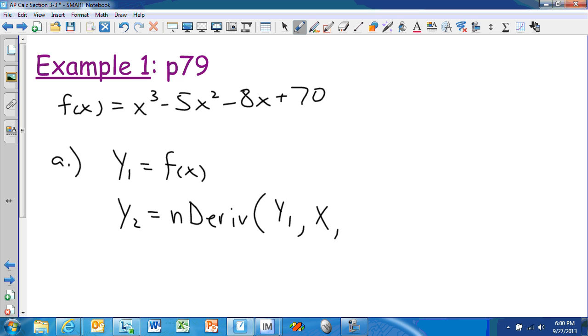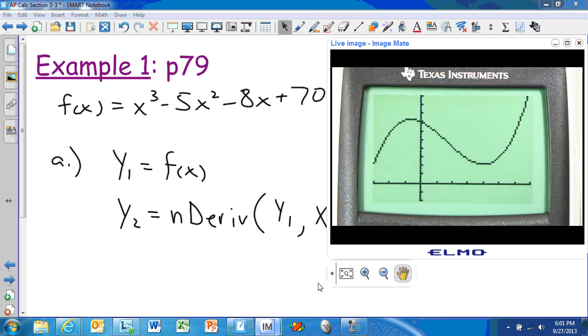That starts out at x equals -3 and then changes to the next x value and so forth, moving from left to right. And actually, x is that variable that does that. When you graph a function, your calculator is actually changing that variable called x on your calculator. So if I graph y2 as nderiv of y1 comma x, we will get a sketch of the derivative function there. It will be the numerical derivative, of course, that we're sketching.